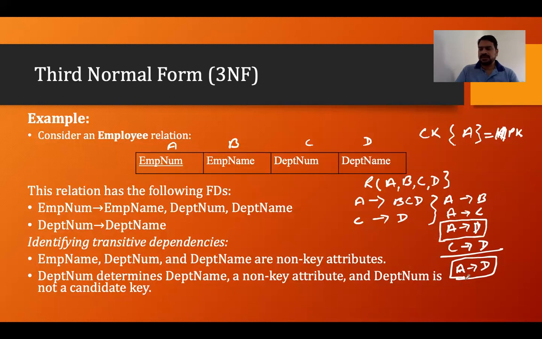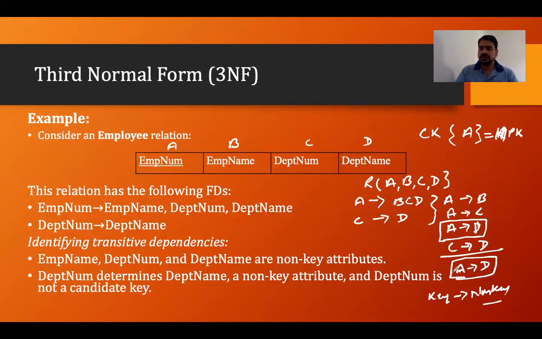With the help of the transitivity rule, we find a pair like this, where a key is determining some non-key. So this is becoming a problem for us. Which one? A determines D is becoming the problem for us.